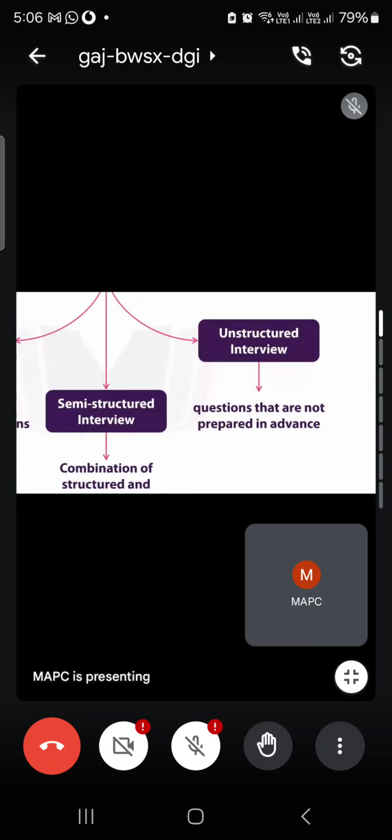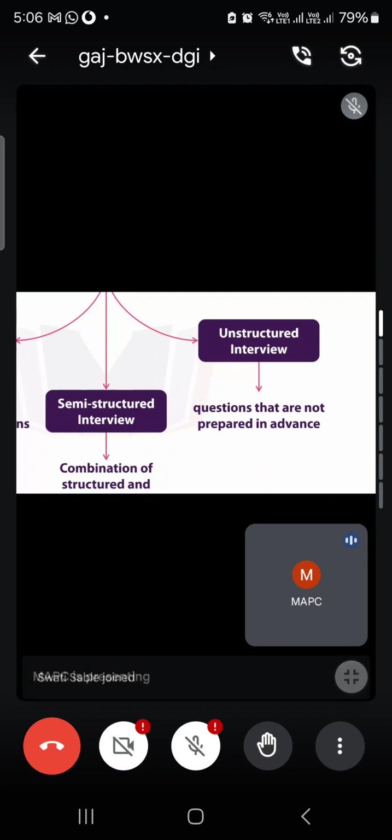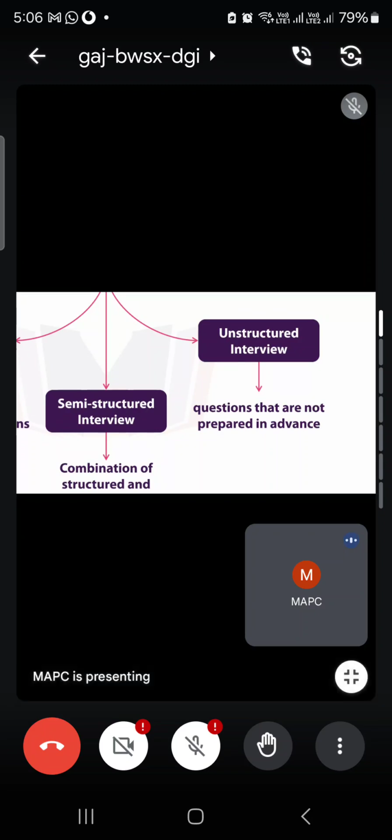Unstructured: in this the questions are not prepared in advance. No set of questions is ready and no sequence is there. Based on whatever answer the respondent gives, a new question will be formed and asked.